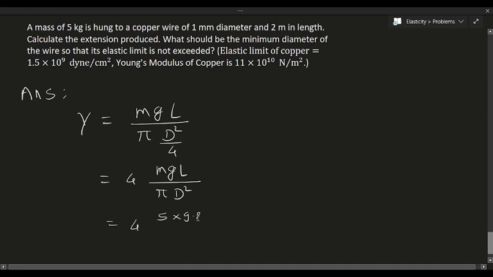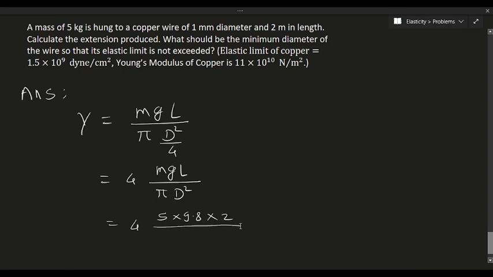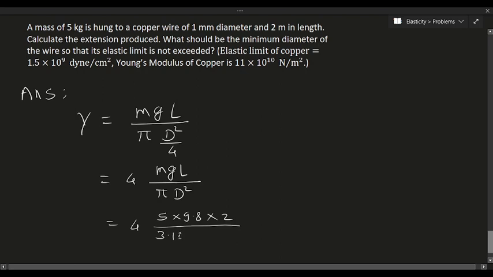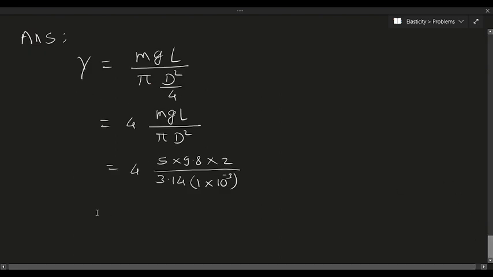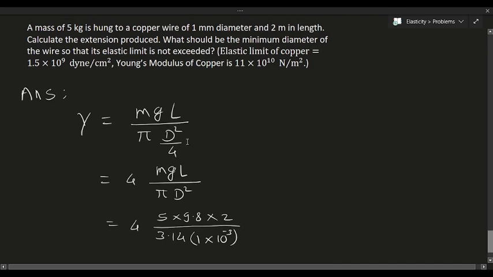Acceleration due to gravity is 9.8, and the original length is 2 meter, pi is 3.14, and diameter is 1 millimeter, which we write in meter, 1 into 10 raised to minus 3 meter. Again we miss the change in length l, which is the extension. Young's modulus is 11 into 10 raised to 10.